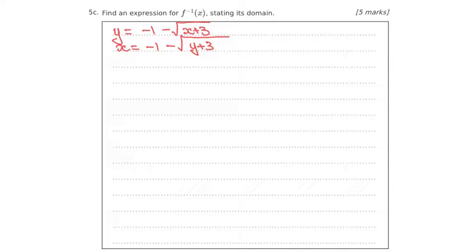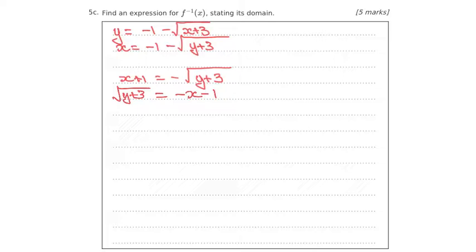Now solve for y. So therefore we get x + 1 is equal to - the square root of (y + 3). Swap sides to get a positive square root, so we get the square root of (y + 3) is equal to -x - 1.